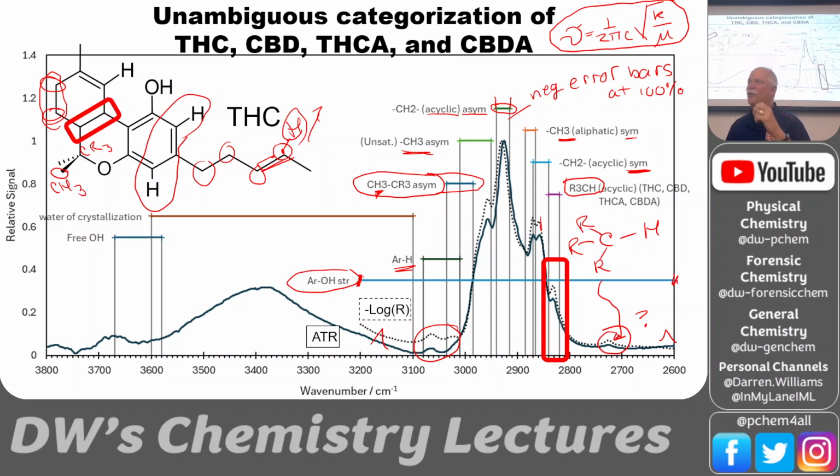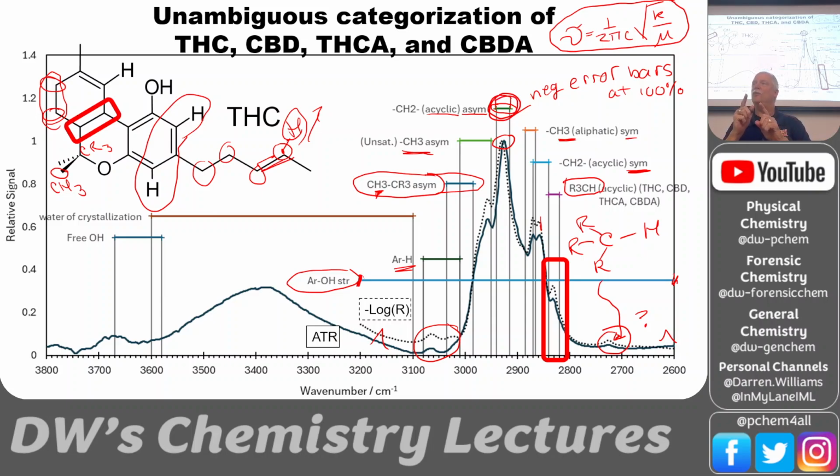It's not good for coming at this with a blank slate and saying, okay, I see a peak there. What is it? I'm not going to see that peak and say, absolutely, that's an aromatic OH stretch, because there's a wide range for those. But if I see this peak right here, I say that's probably the CH2 asymmetric stretch because its range is really narrow.